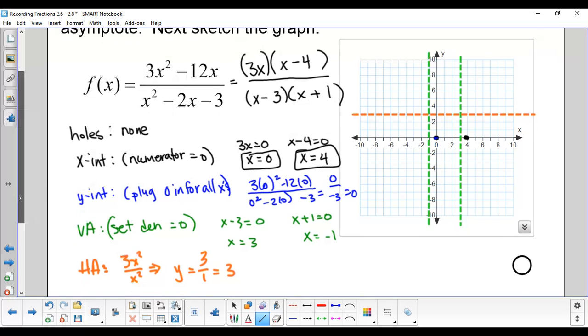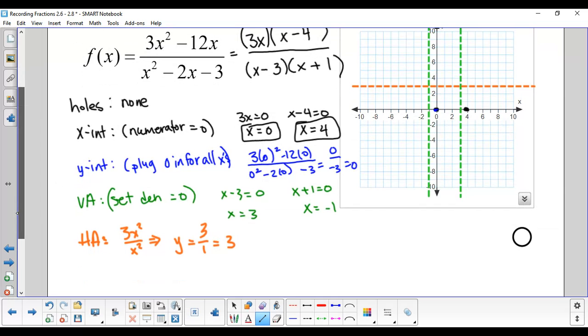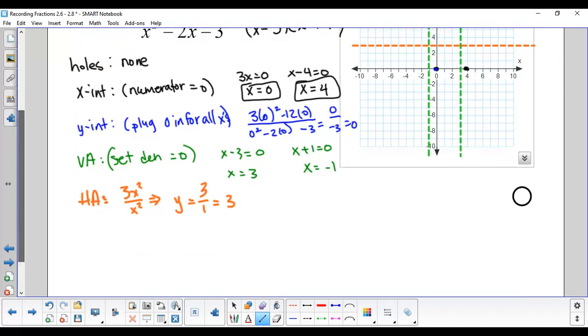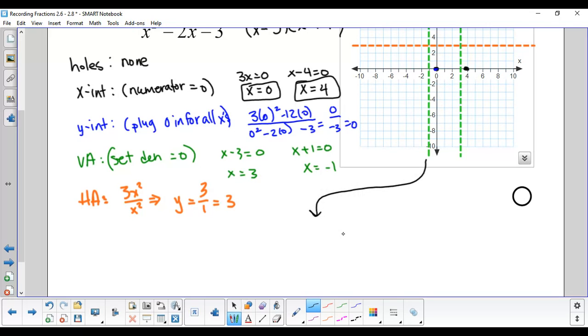Now that we have a good idea of what's happening with our key information, we need to go ahead and evaluate what's happening around the vertical asymptotes. So I'm going to take this information and analyze it.